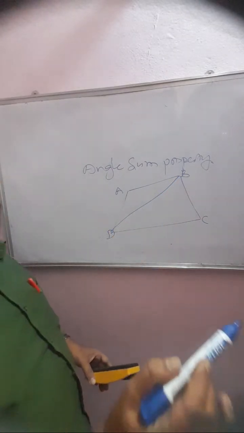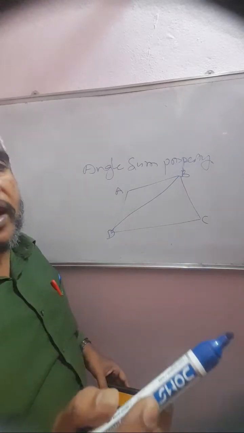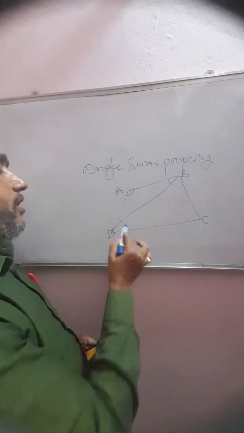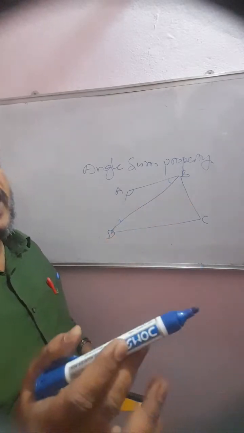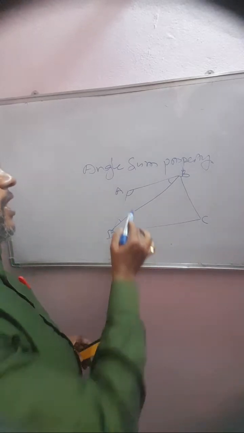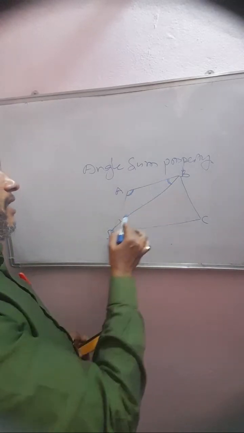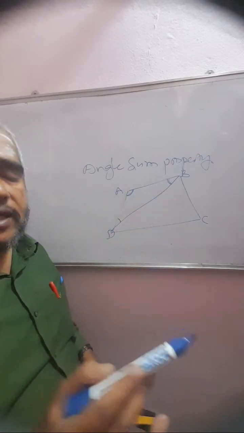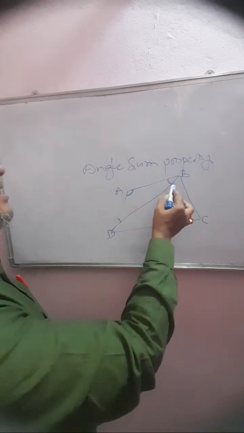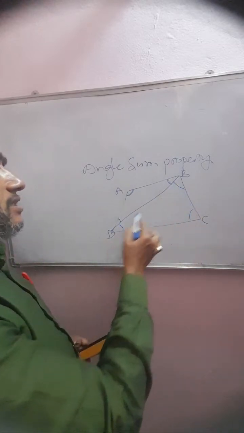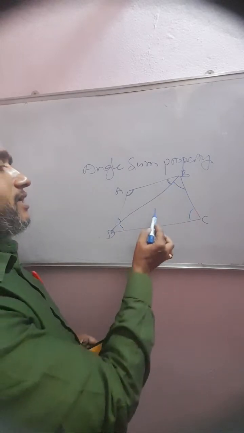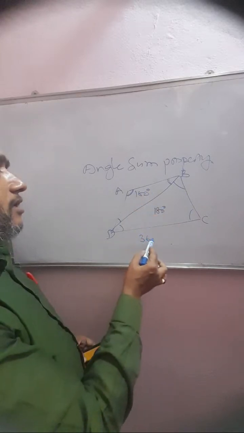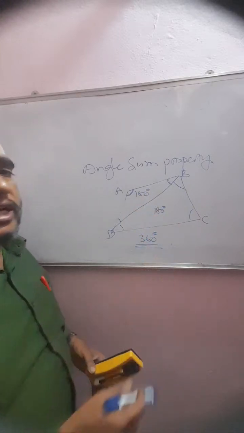All of you know the angle sum property of a triangle. According to it, the sum of these three angles is how many degrees? 180 degrees. In the same way, the sum of these three angles is 180 degrees. Totally how much? 360 degrees.